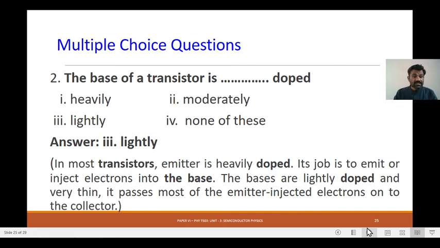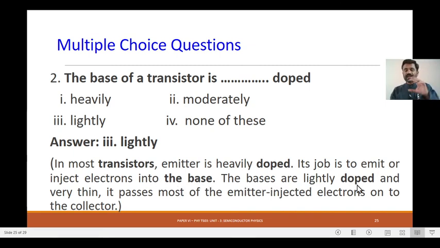The base of a transistor is lightly doped. Why should it be lightly doped? The answer is here. In most transistors, the emitter is heavily doped because it has to give the charge carriers. Its job is to emit or inject electrons into the base.